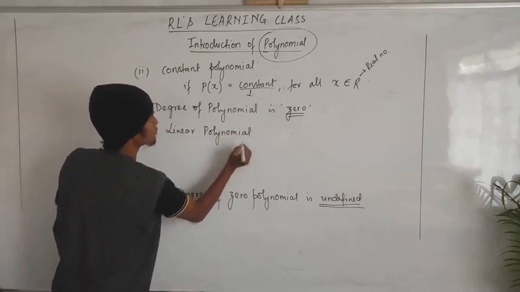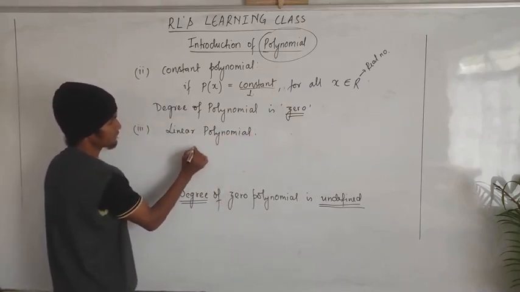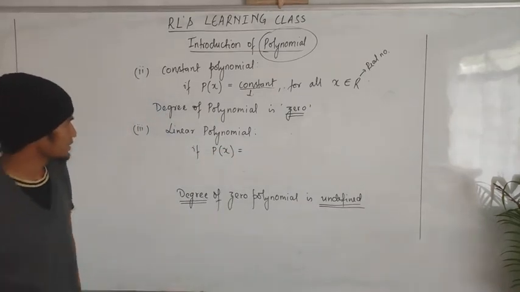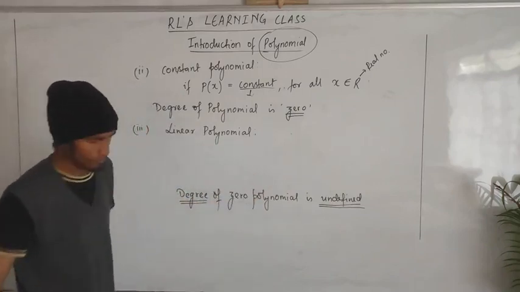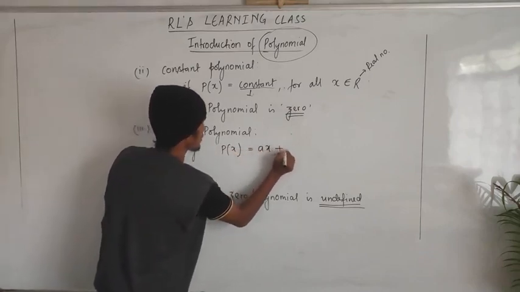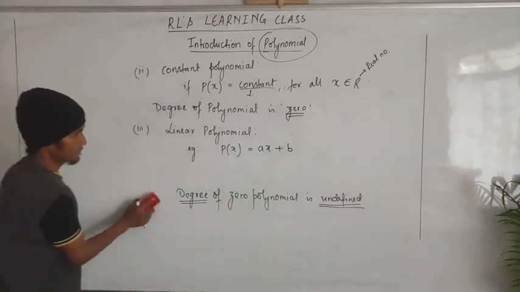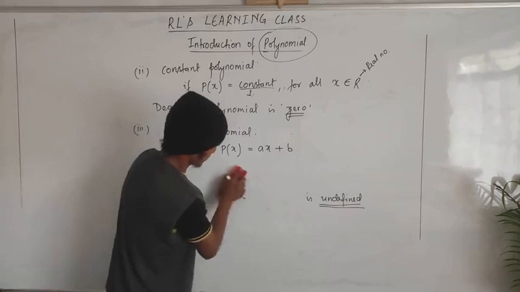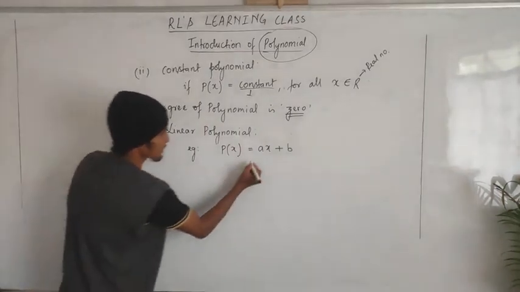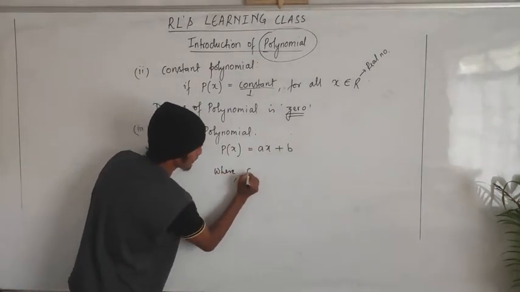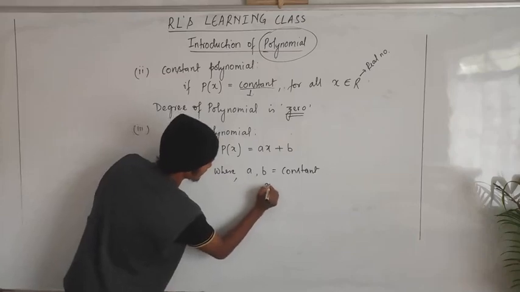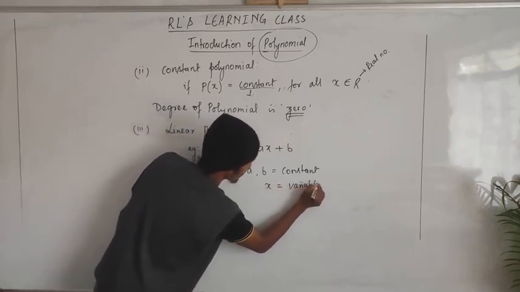Linear polynomial means, I'll just put it with an example, p of x is equal to ax plus b, where a and b are constants, but x here is a variable.